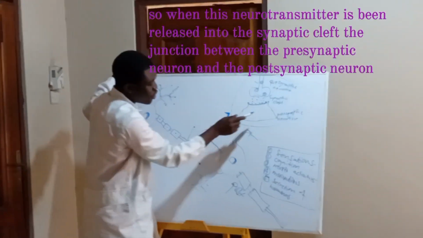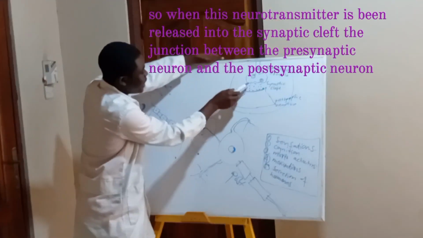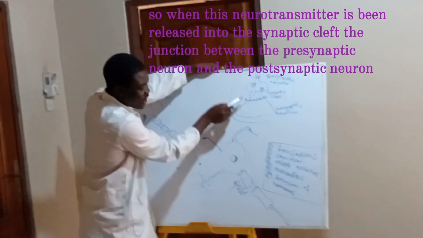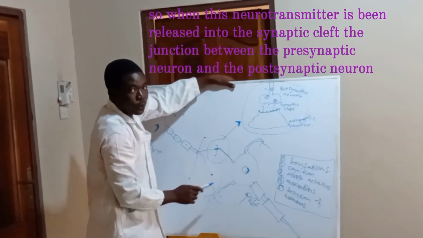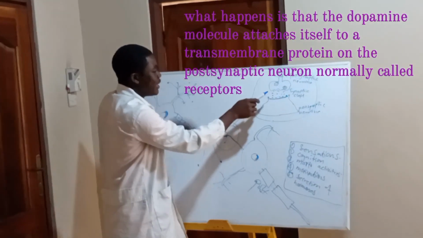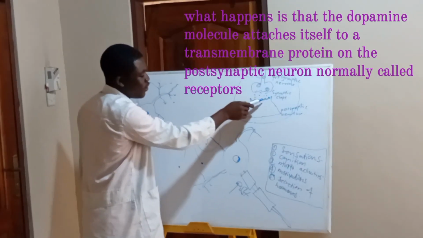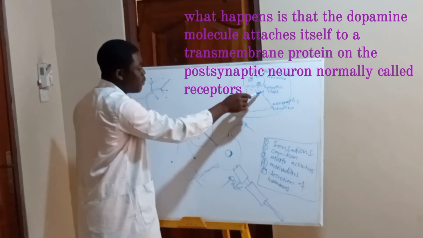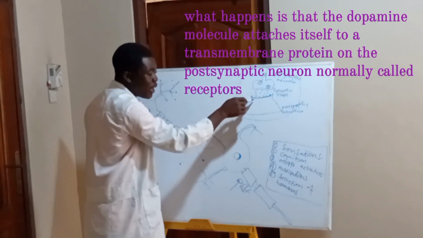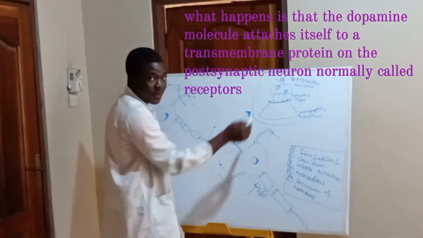When this neurotransmitter is released into the synaptic cleft, the junction between the presynaptic neuron and the postsynaptic neuron, the dopamine molecule attaches itself to a transmembrane protein on the postsynaptic neuron, normally called receptors.